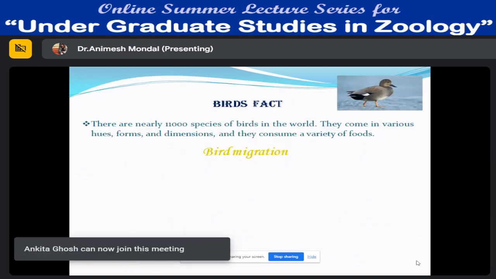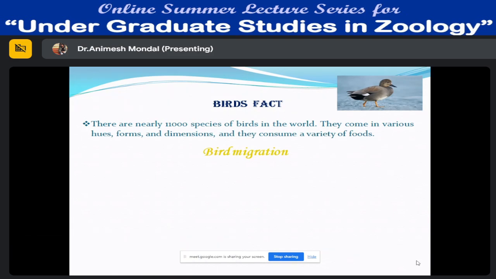Now, let me tell you some interesting facts about birds. In today's world, nearly 11,000 bird species are found, and among these 11,000 bird species, 2,000 bird species take part in migration. And among these 2,000 species of bird, in India, we see about 357 migratory bird species.